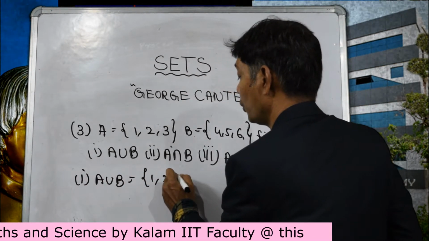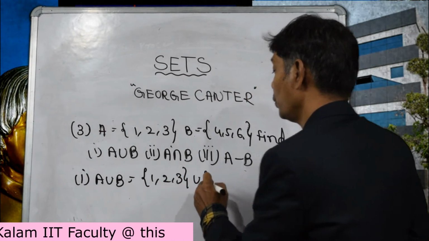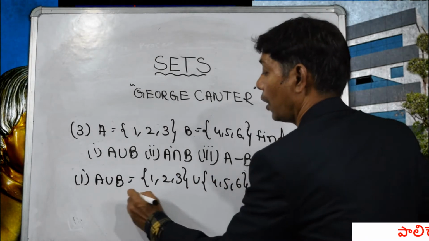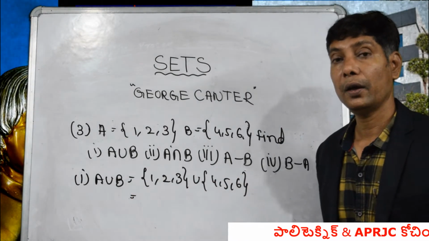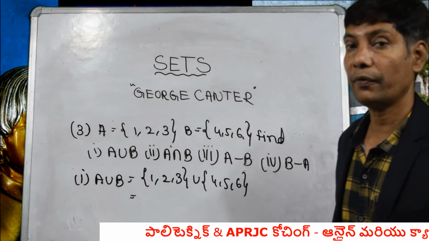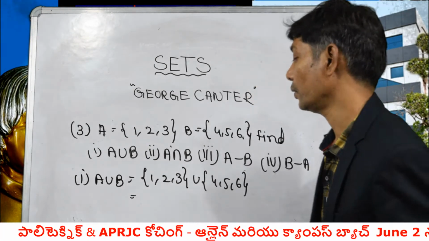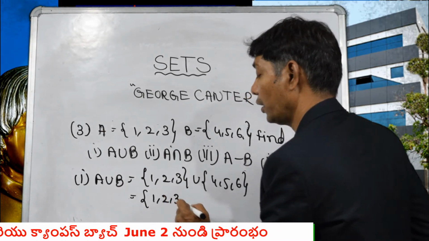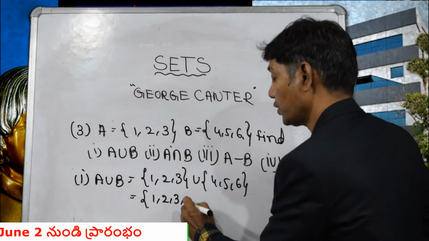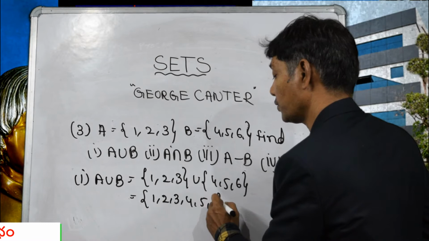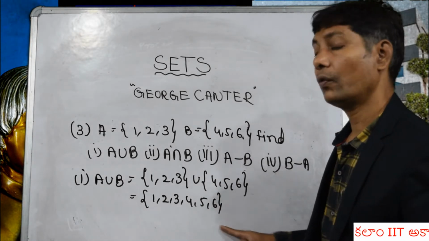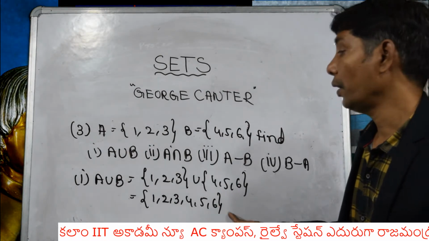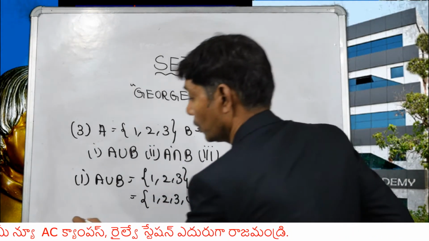A means 1, 2, 3, union B means 4, 5, 6. Now A union B, you have to take all elements present in the first set and second set. Here 1, 2, 3 elements are in the first set, 4, 5, 6 in the second set. That means 1, 2, 3, 4, 5, 6. These are the elements in A union B.